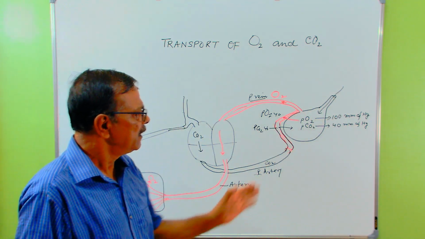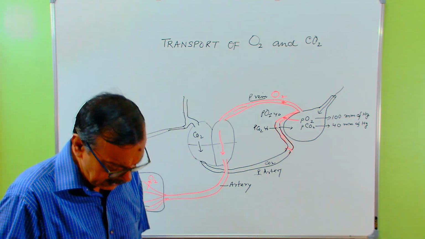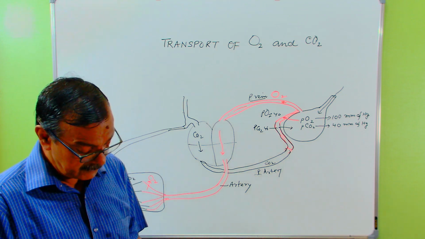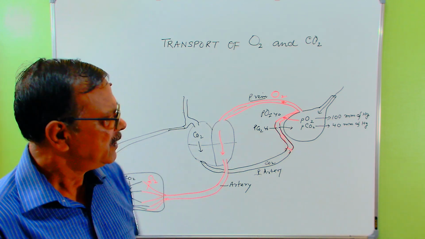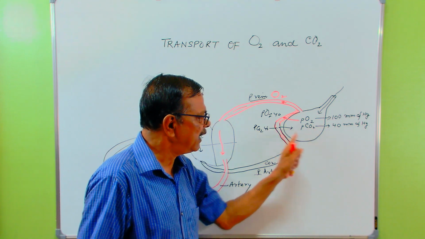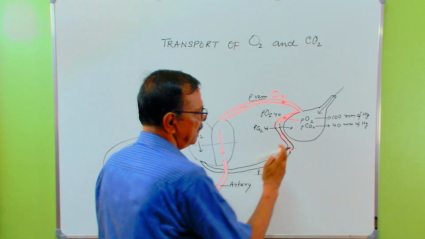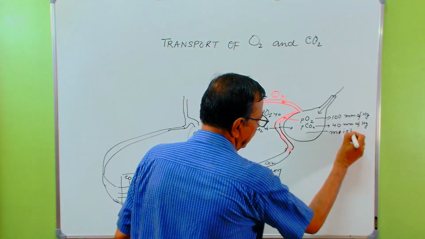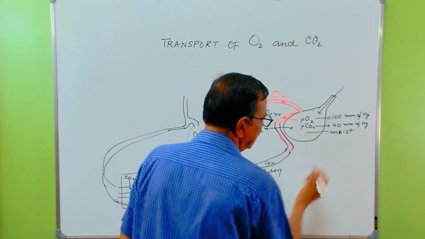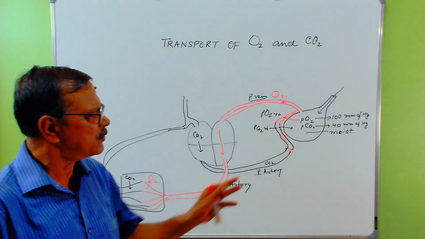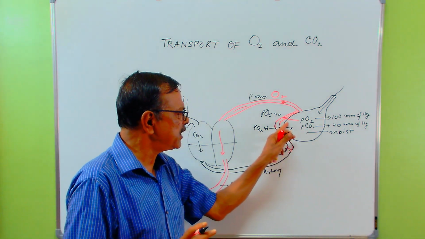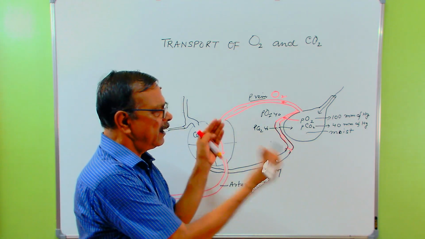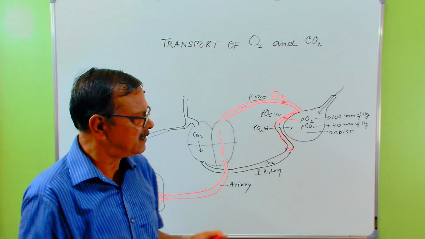We know all this. Now this alveolar air contains some fluid part. It remains moist. The alveolar air remains moist because some liquid portion is also there, because this is also moist, this is also moist. So the diffusion takes place very easily.